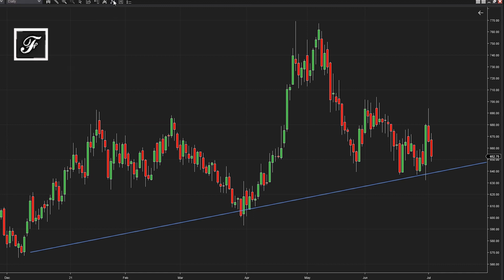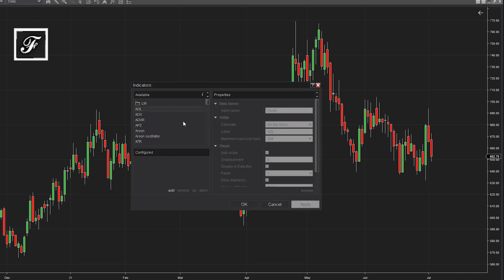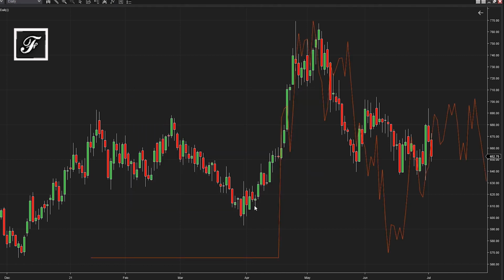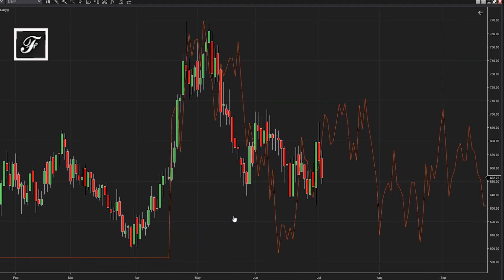Okay, let's start with the weekly chart. I don't know what this line is about, so I will remove it. And let's start with cycles for it. Okay, we have cycles.